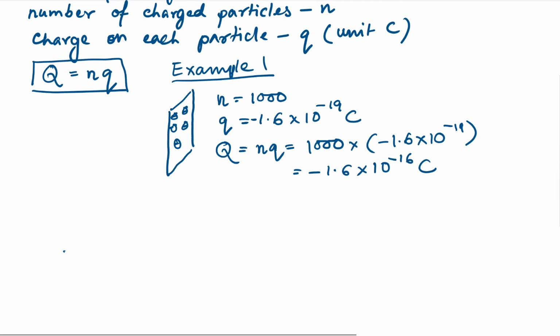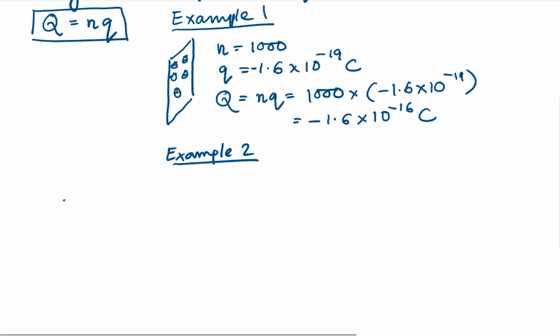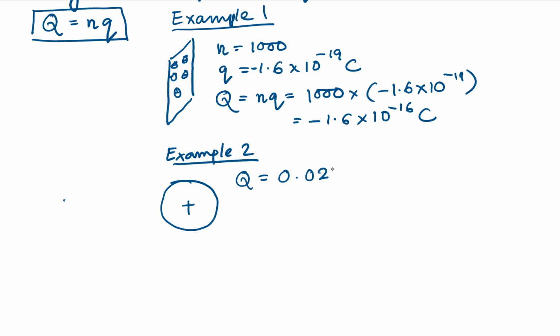Now we can look at another example question. So let's say that's our second question using this formula, example 2. And now I have an object, and that object has an overall positive charge, and I know the amount of charge on this object is, let's say, 0.025 coulombs.